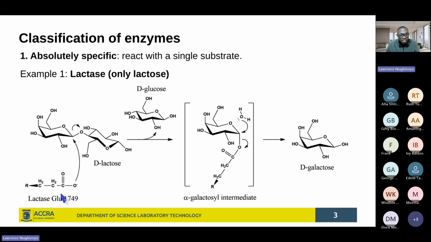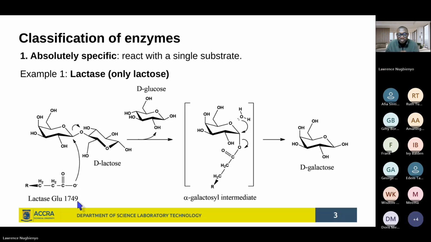The only thing this is saying is that, we saw earlier that enzymes are mostly proteins. So lactase is a protein. It's a big protein, composed of thousands of amino acids.